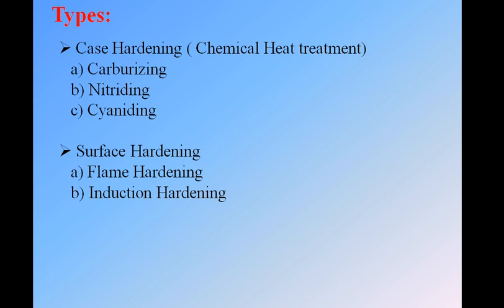And induction hardening means by passing current through a component we can harden the material. As we pass the current through the component, it will start to heat. As it heats, cool it abruptly, and we will get the hard material. So with the help of flame, and also with the help of current, we can increase the hardness of the surface.